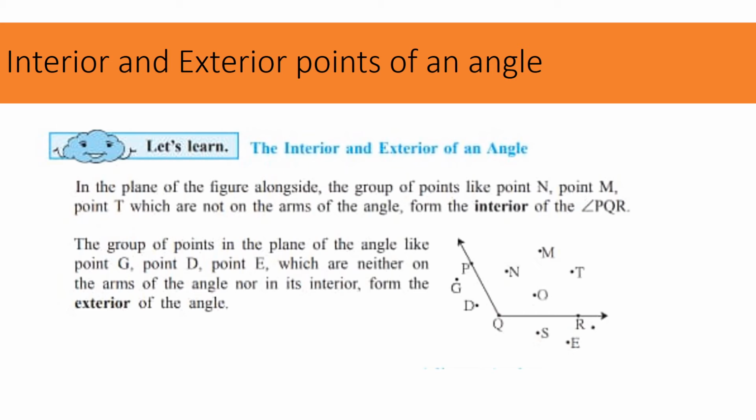So interior points of angle PQR are point N, point M, point O and point T. जो अंदर होते हैं they are called interior.